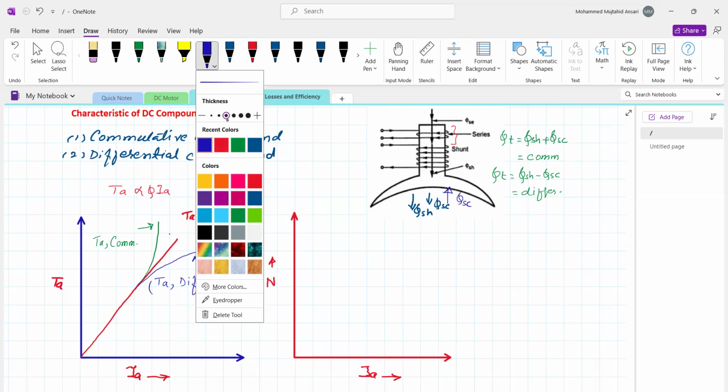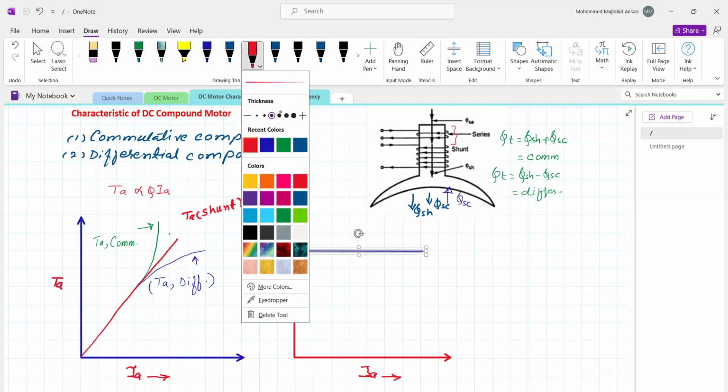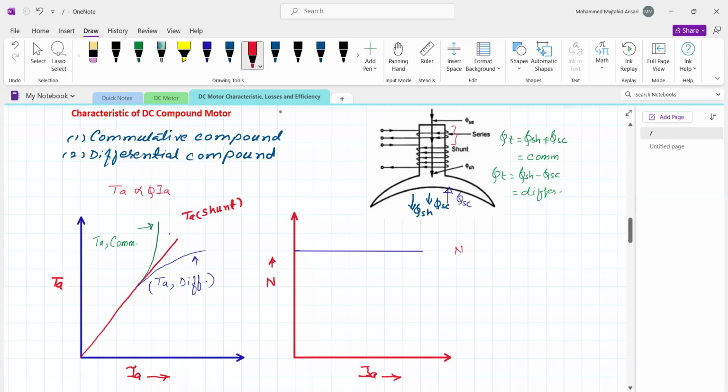We know that the DC shunt motor is a somewhat constant speed motor. It is a constant speed motor. So this is the speed of the DC shunt motor. For our simplicity, we consider this is the speed of the DC shunt motor.